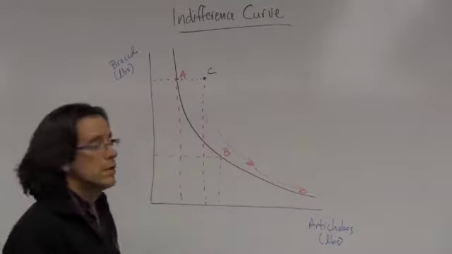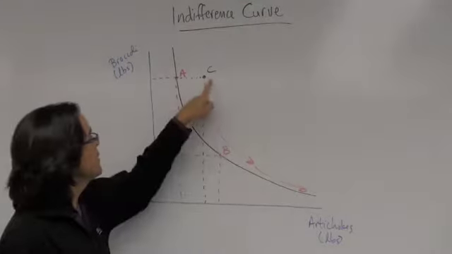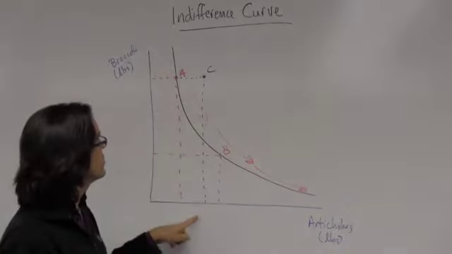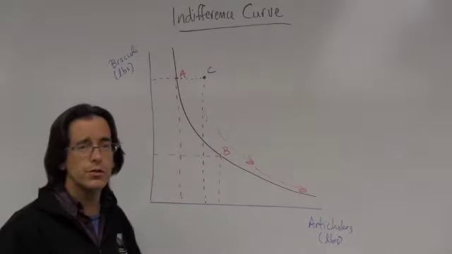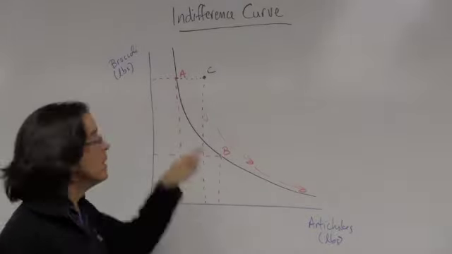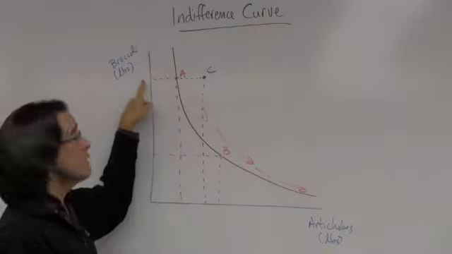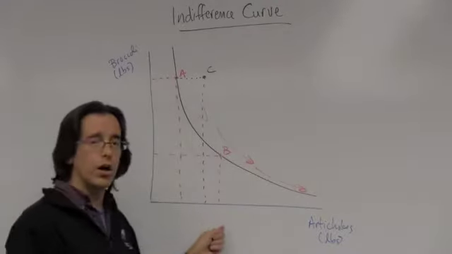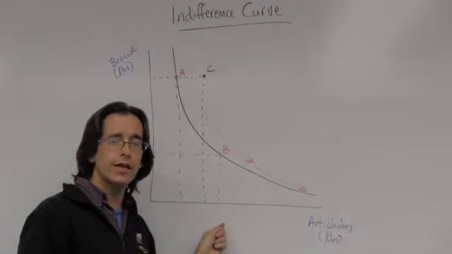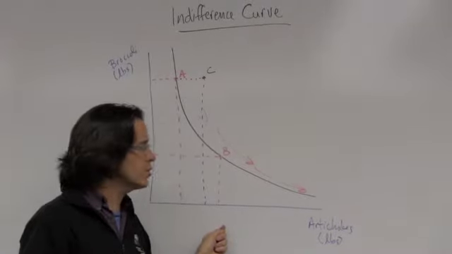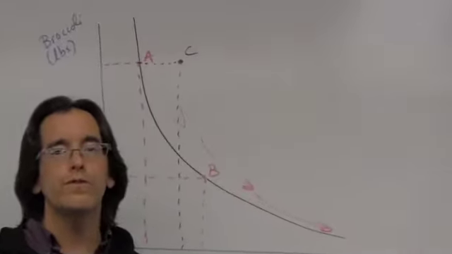Okay? So how do we feel about the combination of broccoli and artichokes at point C compared to the combination at point A? Well, it's the same level of broccoli, but more artichokes. So the only thing that's changed is that now we're consuming more artichokes, therefore we should feel better.